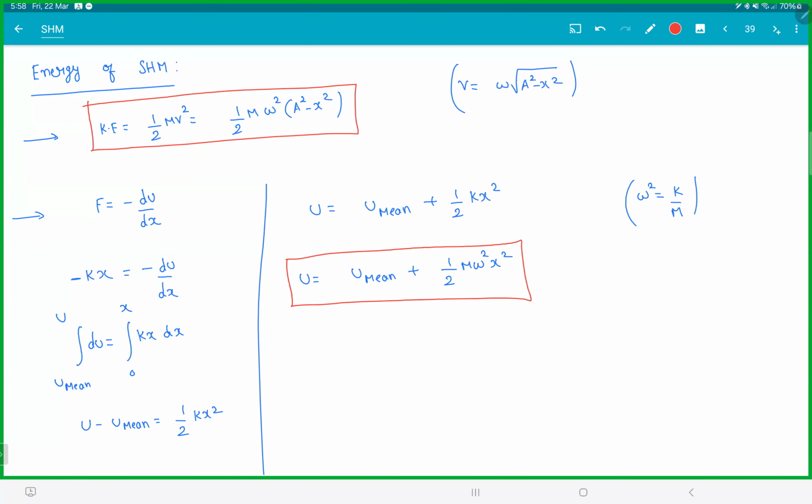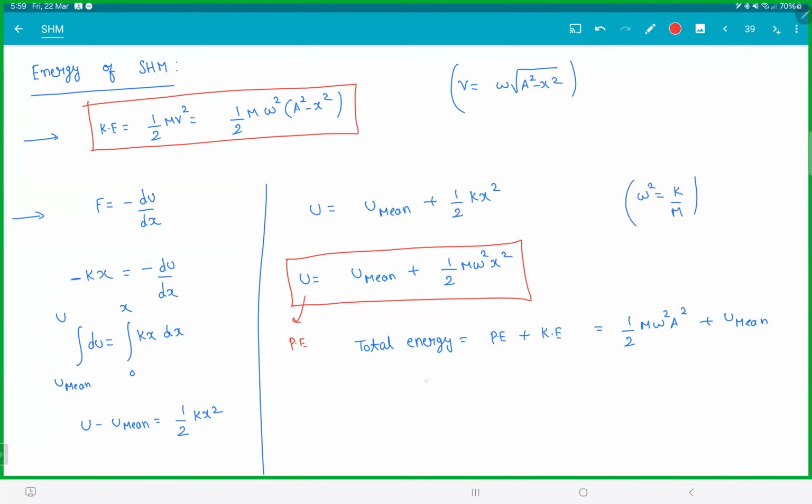The U is your potential energy, KE is your kinetic energy. Now, if I add these two, which is potential plus kinetic, you end up with half m omega square a square plus u mean. Now here, be very careful. This is where people mess it up.